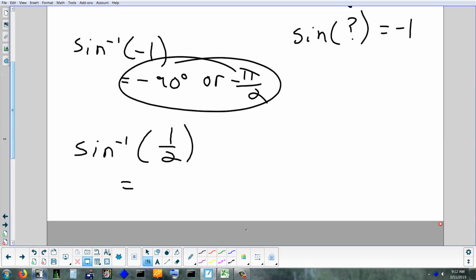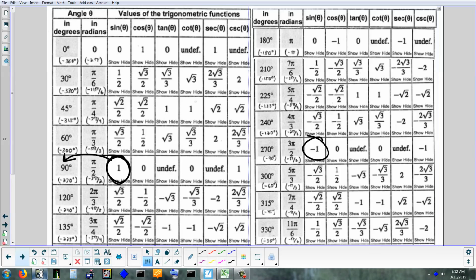Look for it in the sine column. Okay. Anybody tell me where they see the number 1/2 in the sine column? Yeah. 30 degrees. Is there anywhere else that it comes up? 150.